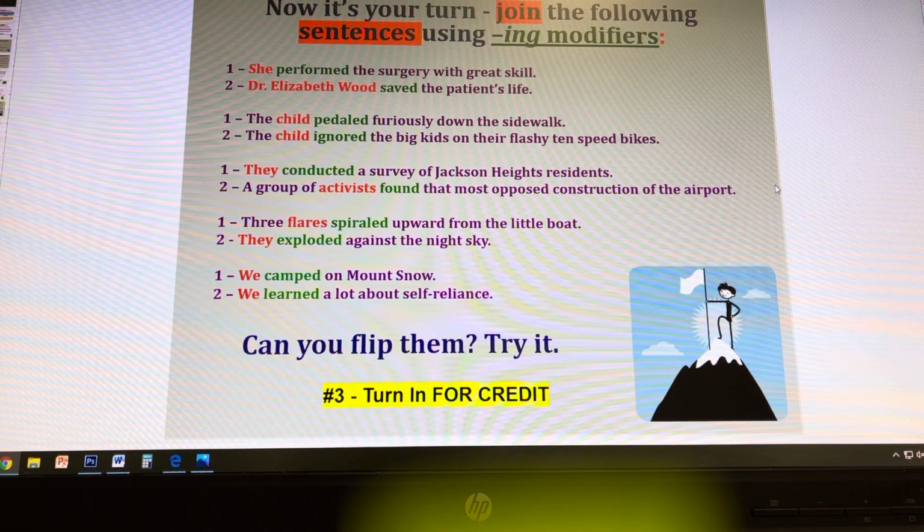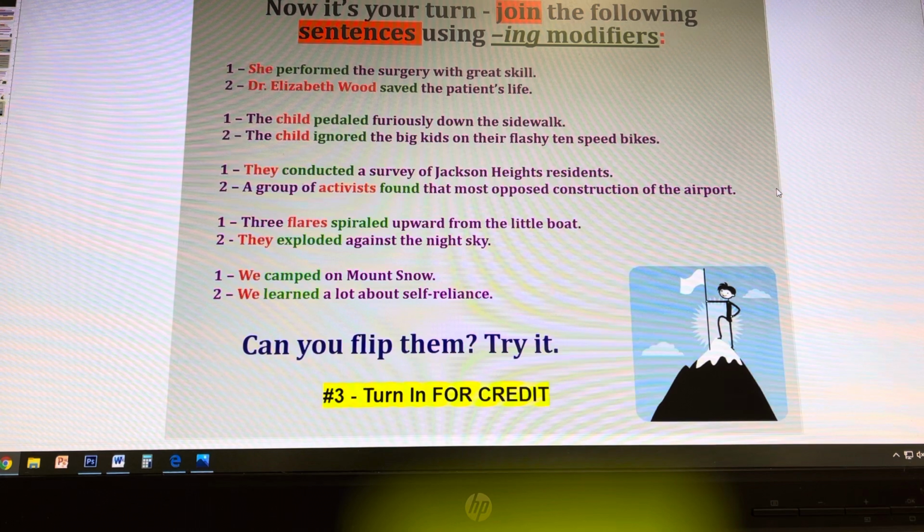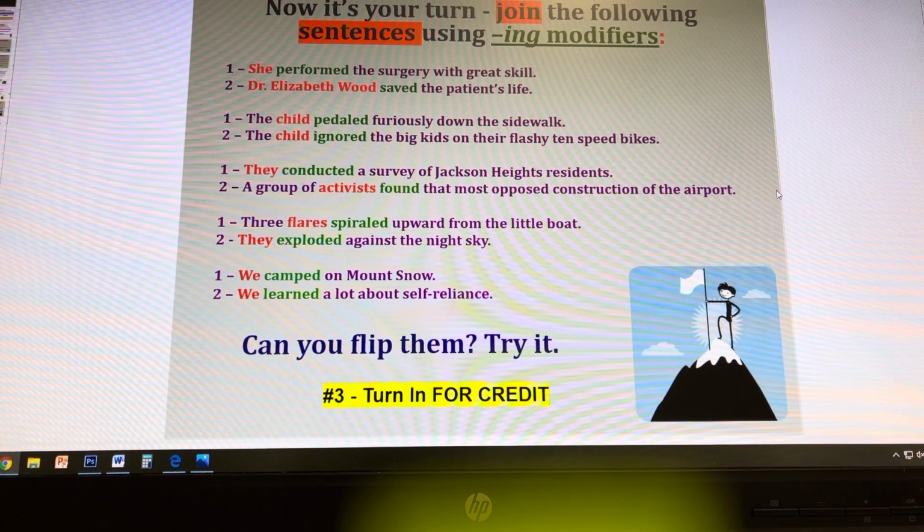When you do them, write down the full sentence for the combined clauses with the ing modifier and the comma. Then let me know if they can be flipped or not, and turn those in for credit. Pause here to do that work.